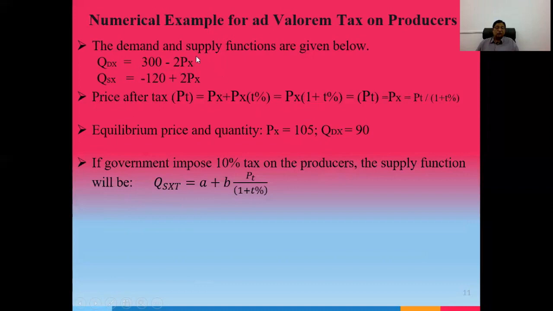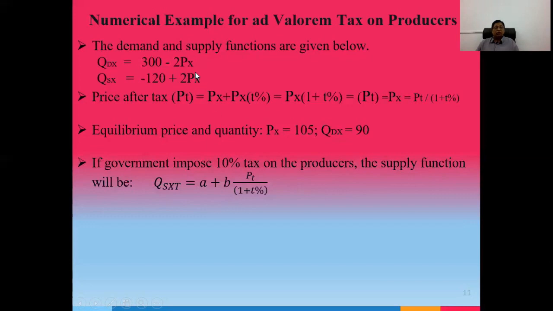By solving these two equations, you would be able to calculate the equilibrium price and equilibrium quantity of this commodity X. Then suppose that the government imposes a 100% ad valorem tax on producers. Then the supply function will be, as I mentioned earlier, QSXT, quantity supplied of commodity X after tax, equal to A plus B.